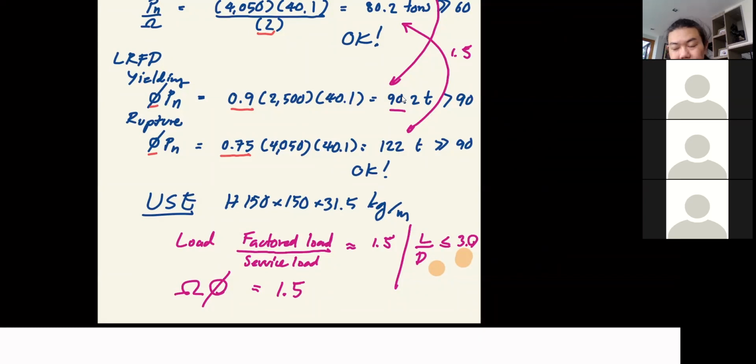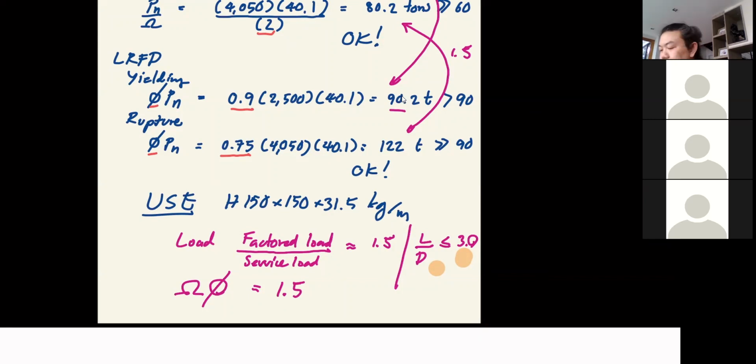If you use the new combination that they perhaps will borrow from concrete, you're going to have a design in LRFD that is not economical at all, and that doesn't make sense from an engineering perspective. So that's why I suggest that we stick with ASD, at least for now, because it's the same.